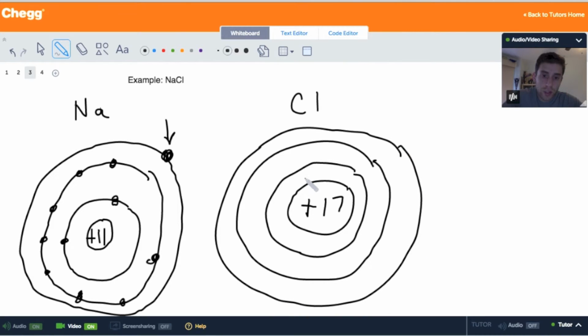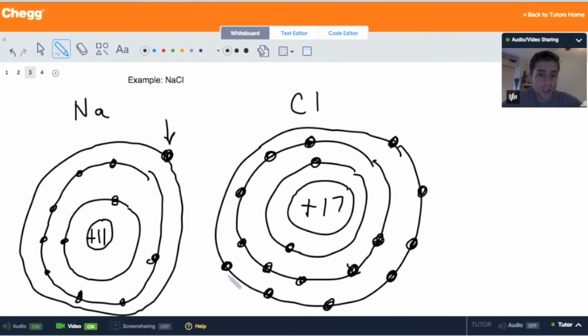So its first shell will have 2 electrons. Its second shell will have 8. And then to get to 17, we put 7 on the next one.